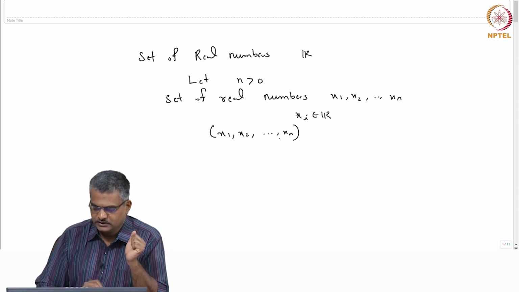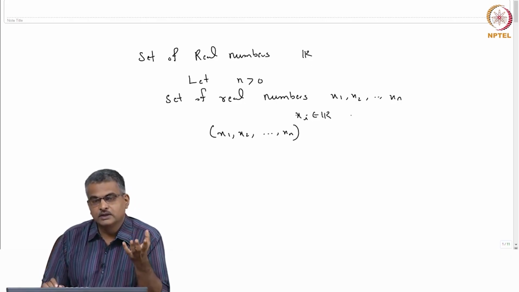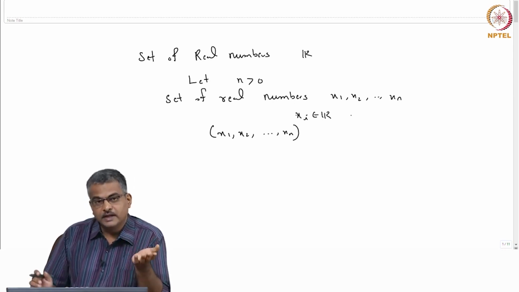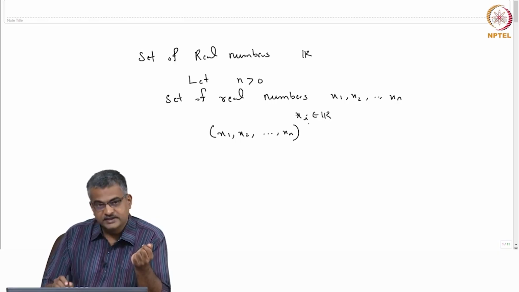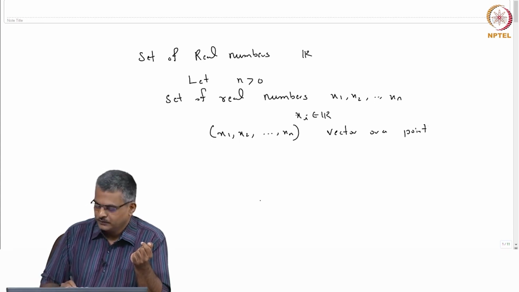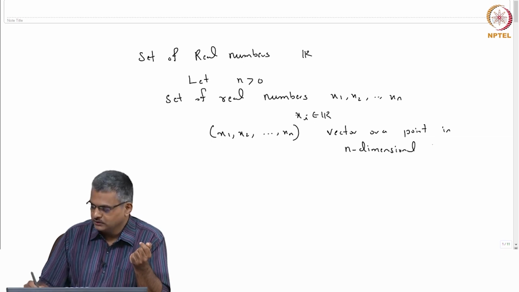So what essentially we have done is we have started with a real line. We picked n real numbers x1 to xn and then arranged them in an orderly fashion. And when you arrange them in this order, we call it a vector or a point in n dimensional Euclidean space.